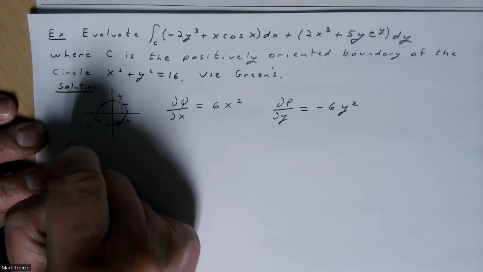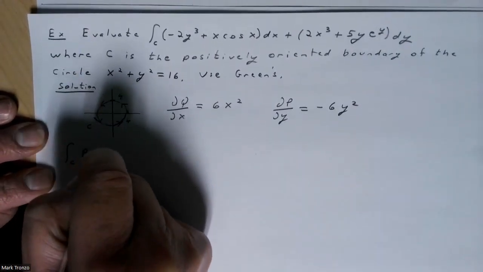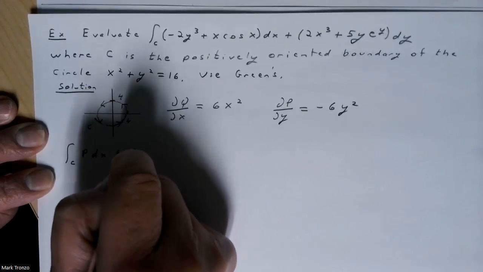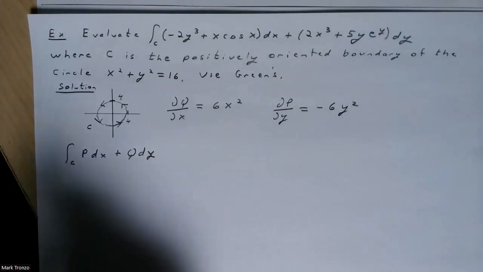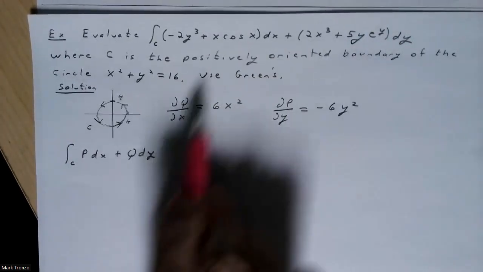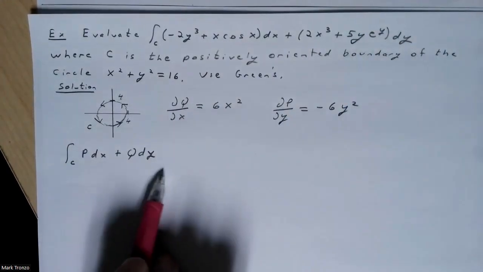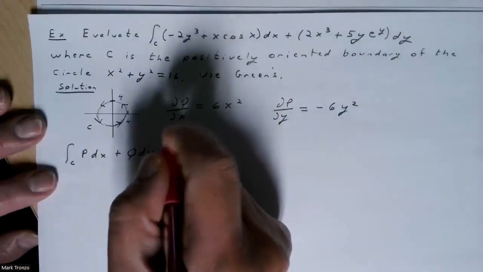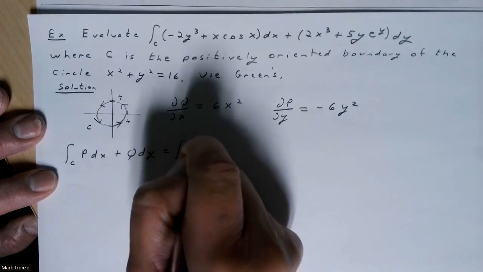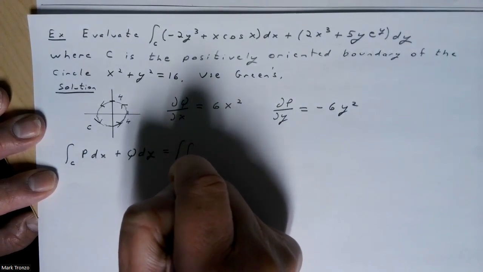Just keep in mind what we have, p dx plus q dy. And you could have written this down here, but it's too long, so I just wrote the symbols here. This was p, this was q, and we say that that's equal to the double integral over the domain.